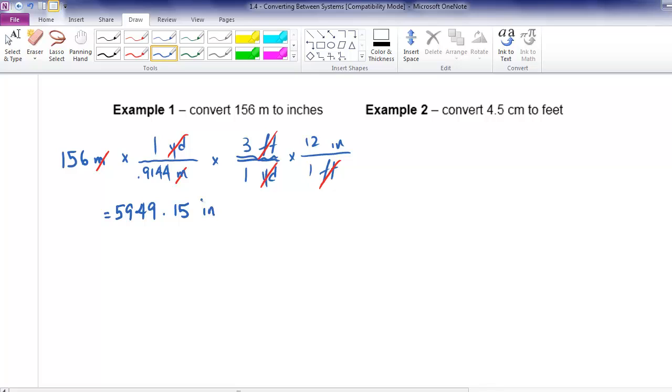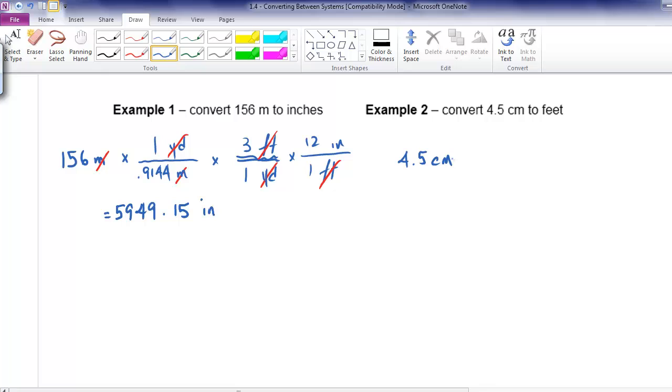Okay, let's do another one. Convert 4.5 centimeters to feet. Now here's actually a nice one because on our notes above, centimeters goes to inches, and then inches matches to feet. So our unit analysis approach would look like, here's our start.